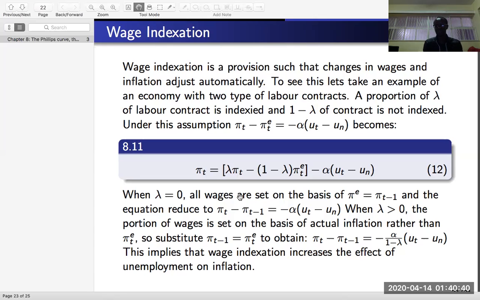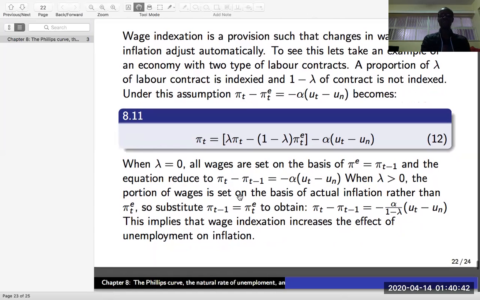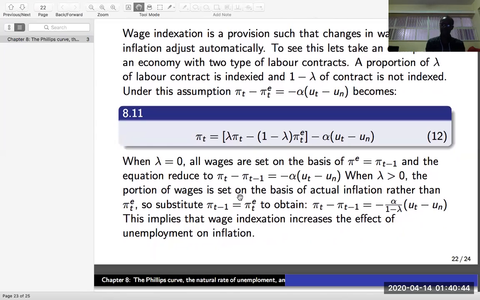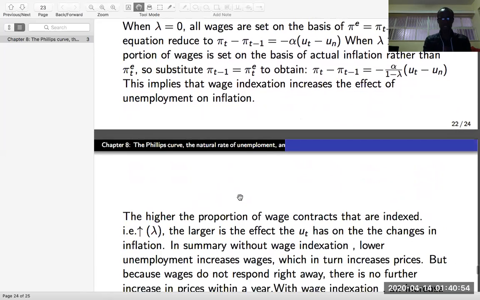So we substitute it, and we get the relationship where the change in inflation is given by another factor now, not just the mere alpha. This implies that wage indexation increases the effect of unemployment on inflation. So the higher the lambda, the larger the effect unemployment has on the change in inflation.